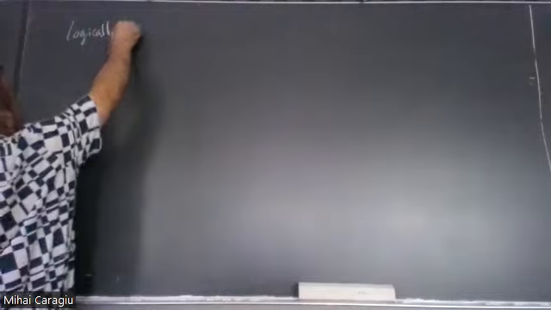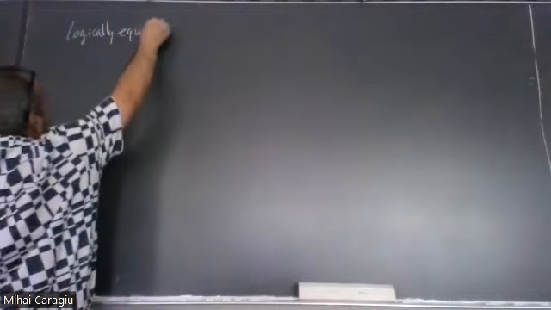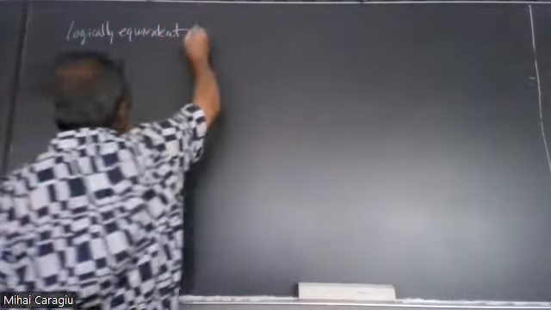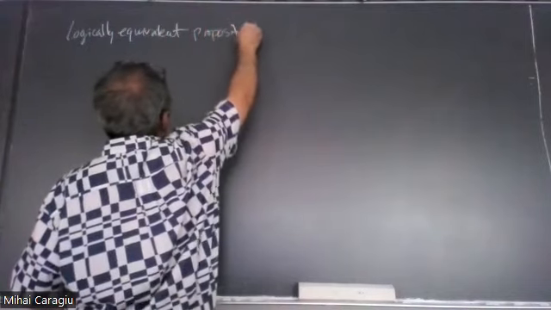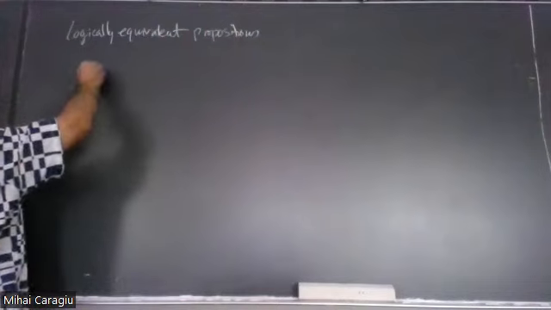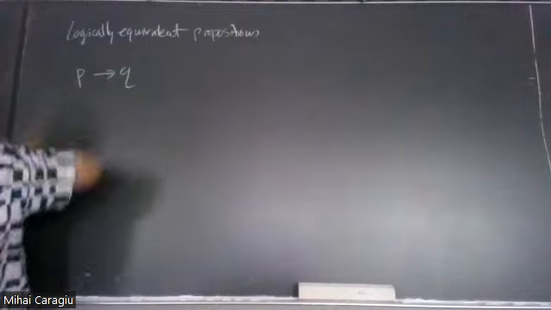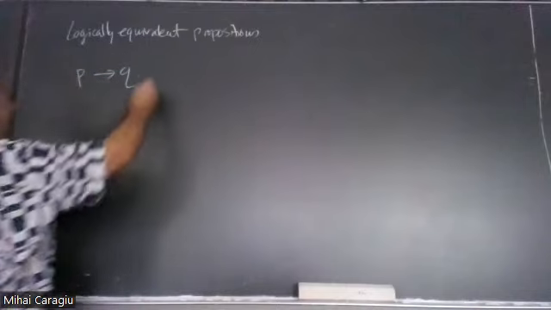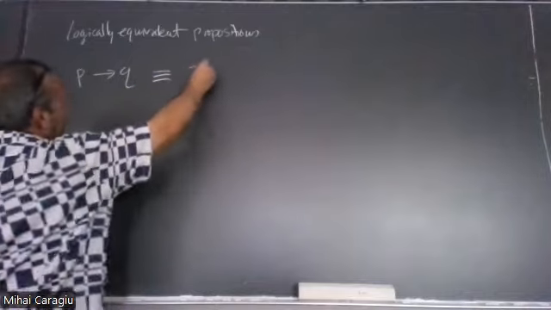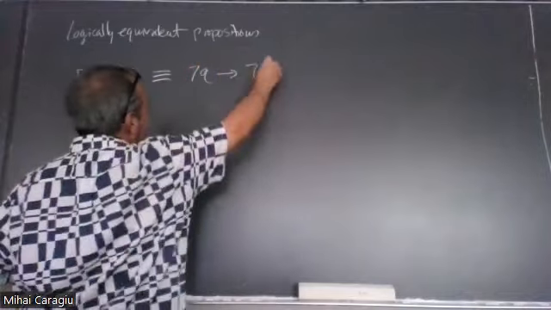An example is, let's see, P implies Q. This compound proposition is equivalent to non-Q implies non-P.